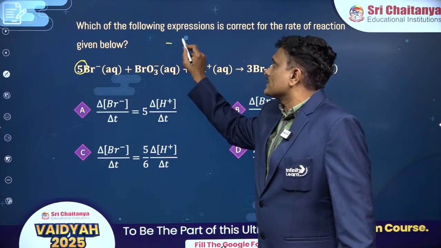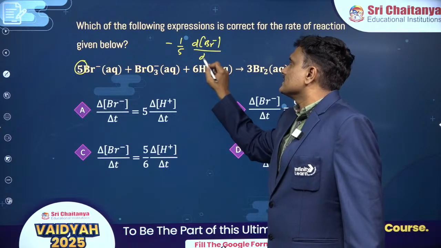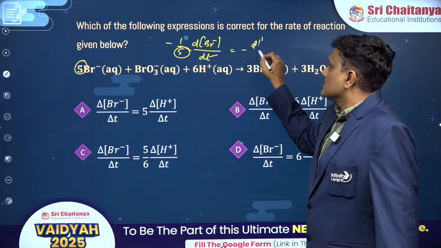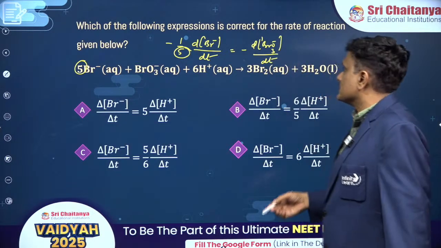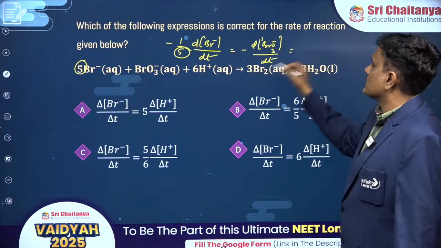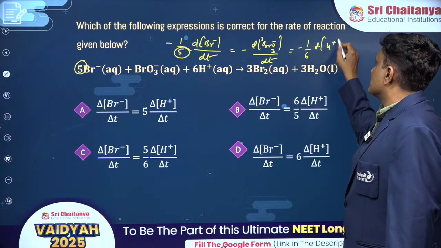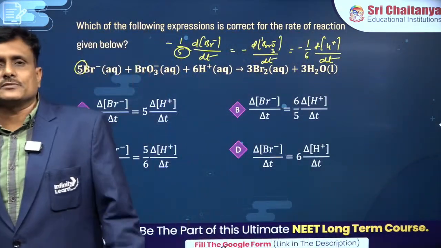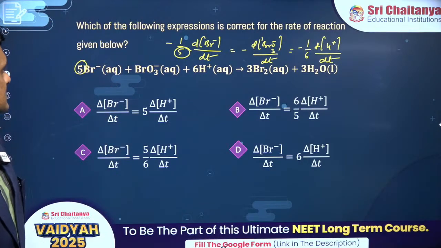So minus 1 by 5 d Br minus by dt is equal to minus d BrO3 minus by dt, and mostly it is also expressed in terms of H plus, minus 1 by 6 d H plus by dt. So this is the rate expressed in terms of the concentration change of the reactant, hence it is all minus. You just match it to the given data and get your answers accordingly.